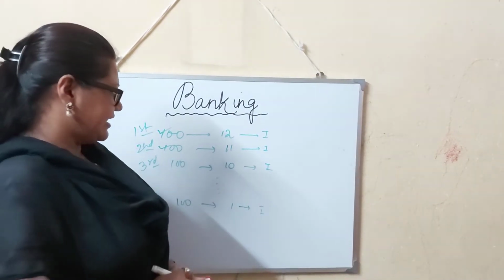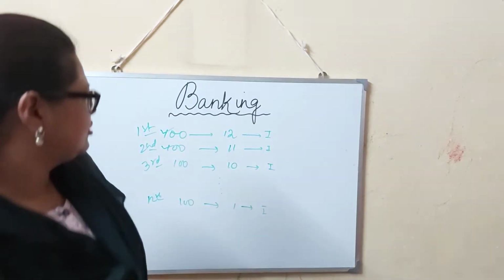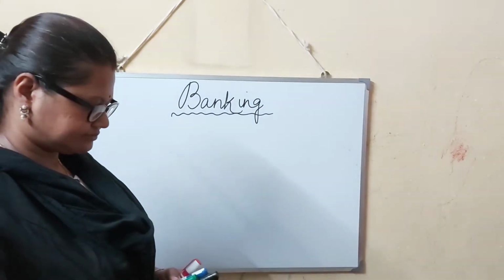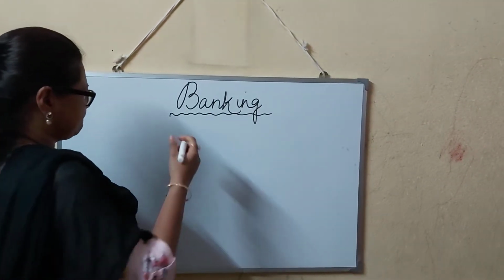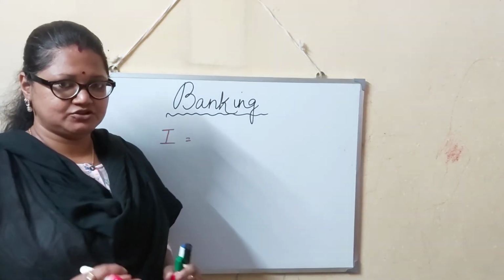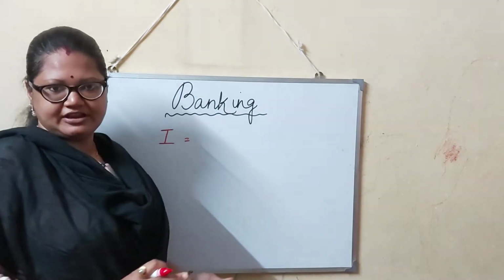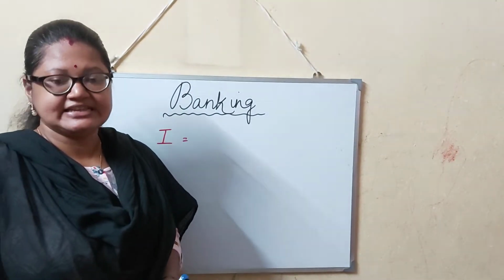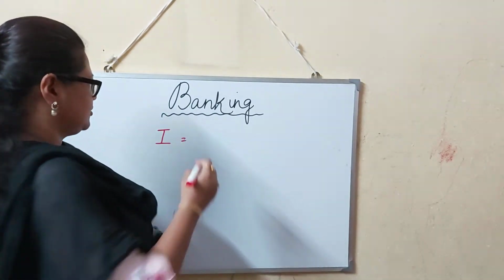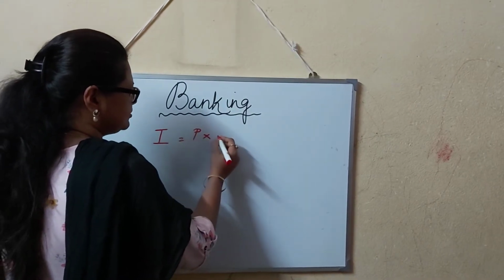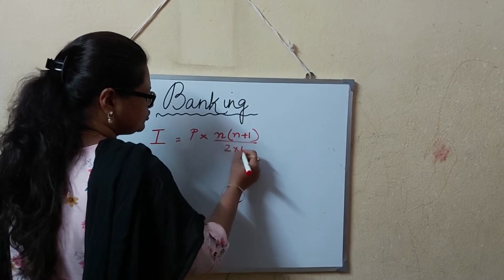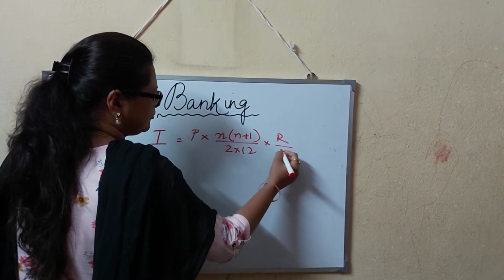So in the end, when we calculate the interest, the formula becomes... You know the formula for finding simple interest, P into T into R by 100, same formula here. Only exception is that time will change because interest is being earned every month. So instead of T, we have P into N into N plus 1 by 2 into 12 into R by 100.